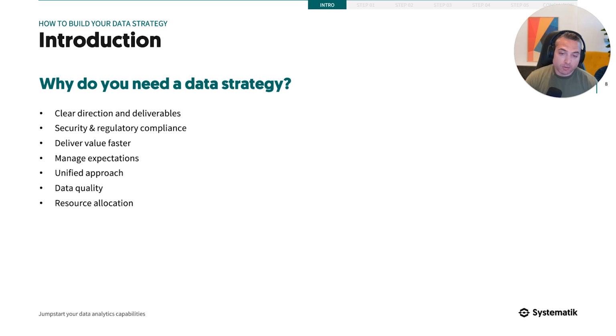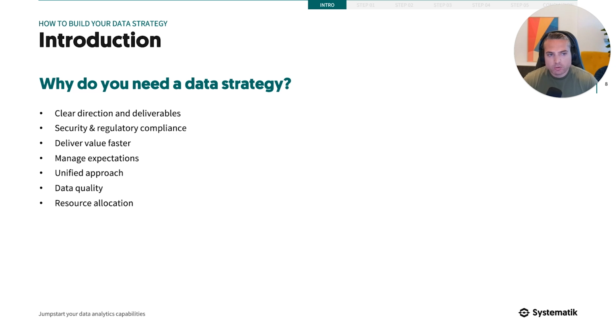So that's really important. Another thing, and I think this might be the most underrated thing about building a data strategy, is how much better your data quality is going to be as a result of proper planning. When we just go ahead and start building, we don't think about how is the data actually collected? Do we have all of the data points we need?